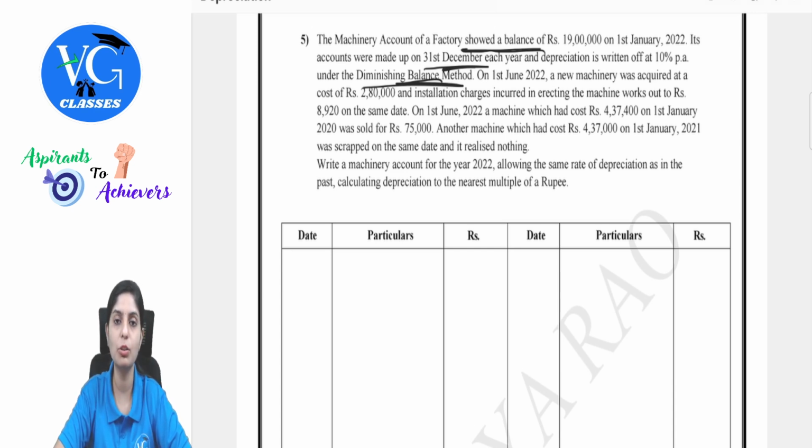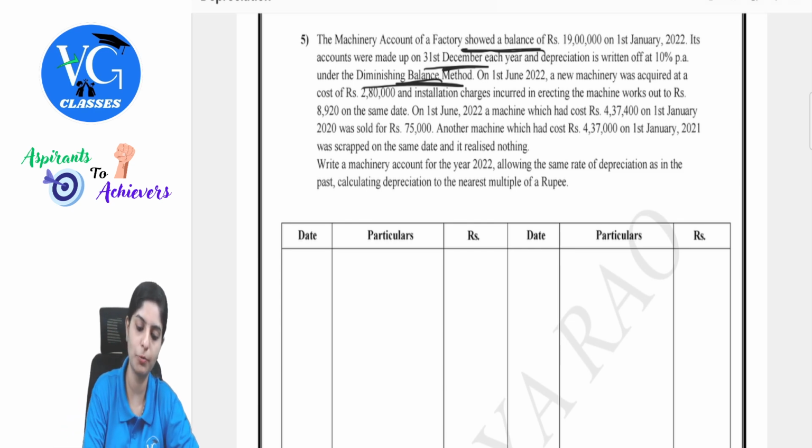Another machine which had cost 4,37,000 on 1st Jan 21 was scrapped on the same day and it realized nothing. Write a machinery account for the year 2022 allowing the same rate of depreciation as in the past, calculating depreciation to the nearest multiple of a rupee. So here they are giving you some balances. In between, there are some parts of the assets which were valued so much in the respective year, which are getting sold in the current year, and they are asking you to present the machinery account for the year 2022.